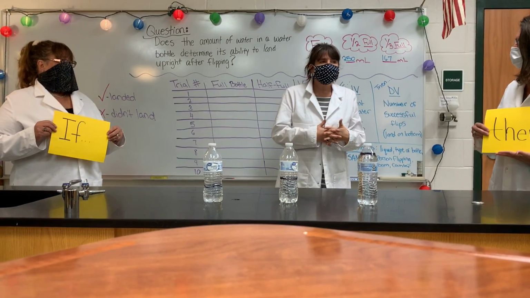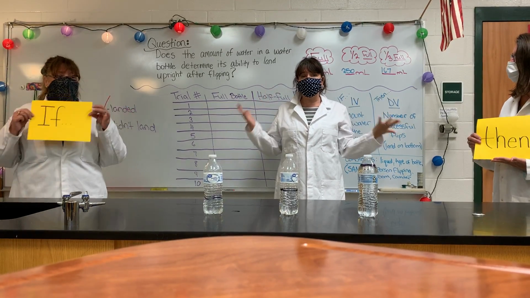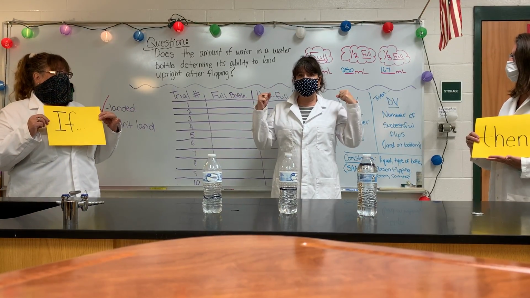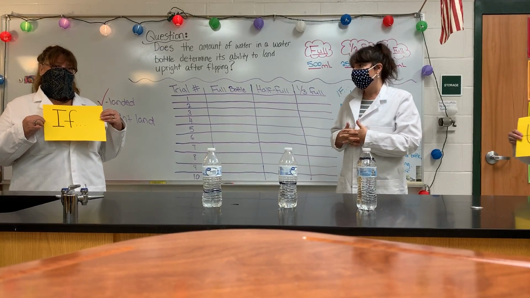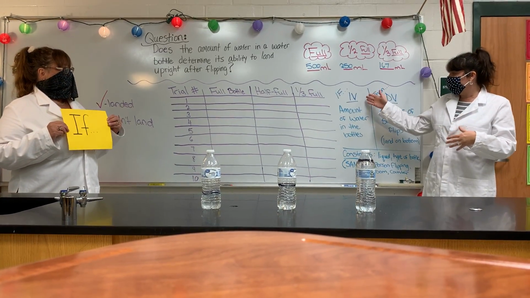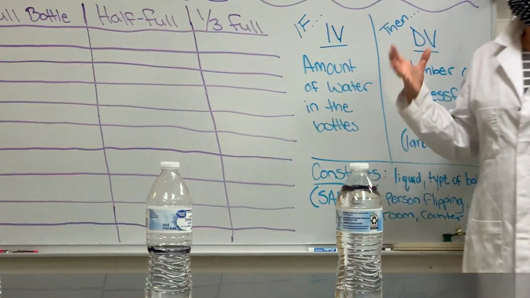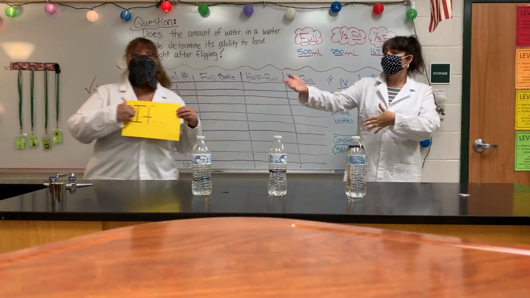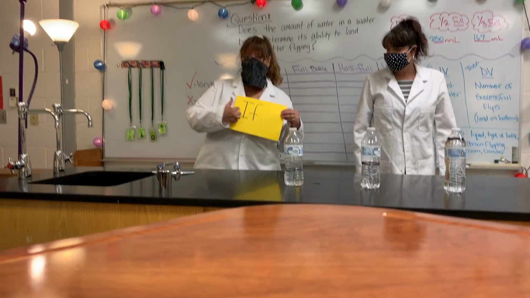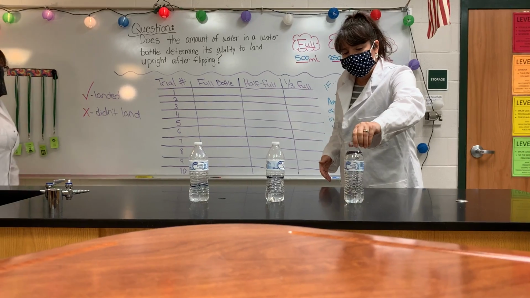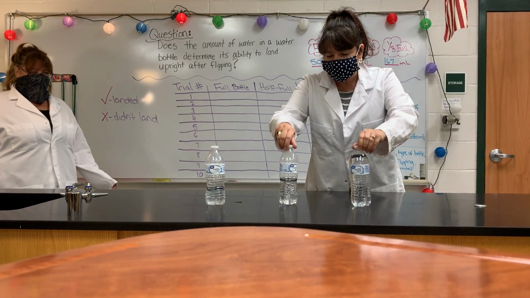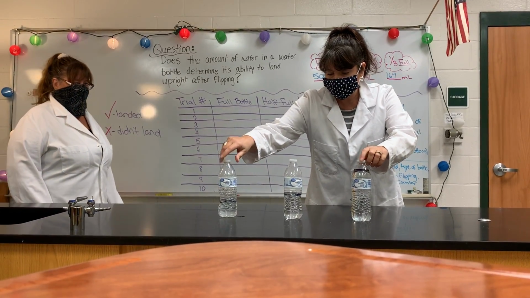In our hypothesis, we actually are stating our independent variable. And from what we've learned this week, one of our vocabulary words, independent variable, is what are we changing in the experiment? What's different? We see we have the same drinking water bottle, but what's different is what?